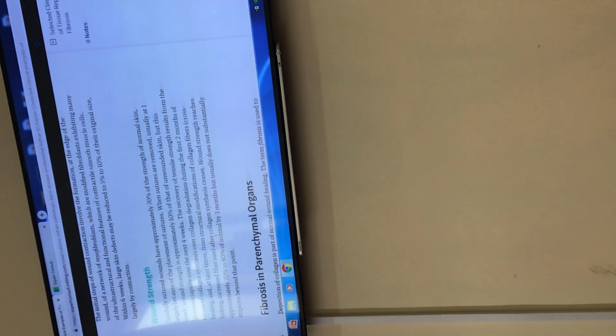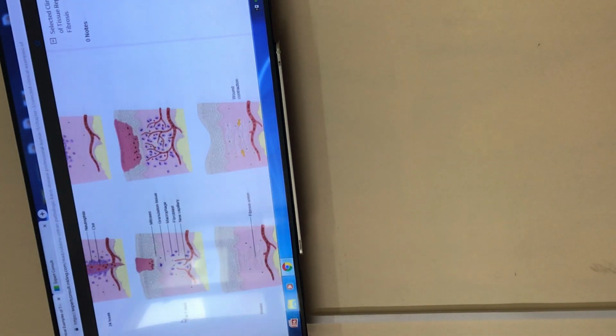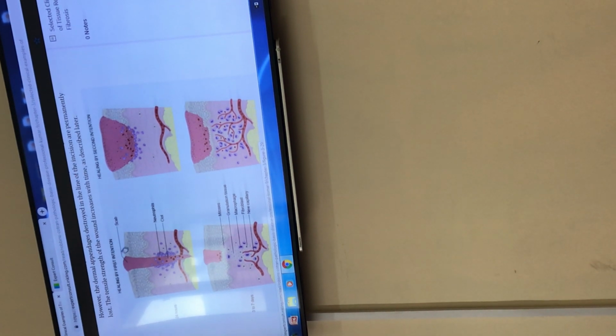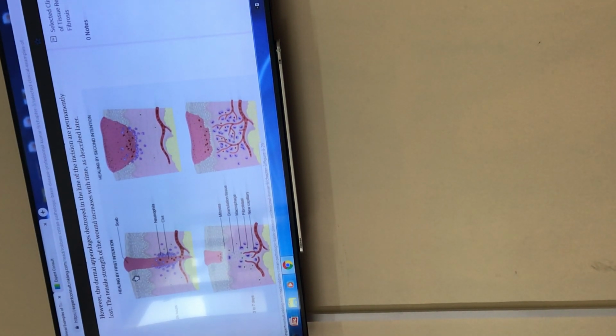One of the common examples for tissue repair is skin wounds. And here we have three types of clinical terms for wound repair. They are called healing by first intention, healing by second intention, and then we have also the third type, tertiary, which depends on the type of the injury, its severity.